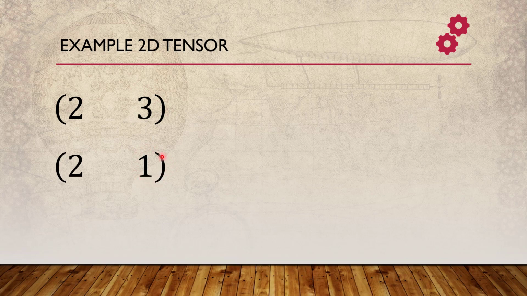So this is also compatible because one of them is 1 here. Okay, so that means we are talking about two compatible tensors here. Then what will be the resultant shape? This will be 2, 3. We need to take the maximum of these 2s, and the maximum of 3 and 1 over here. So that will be the final shape.